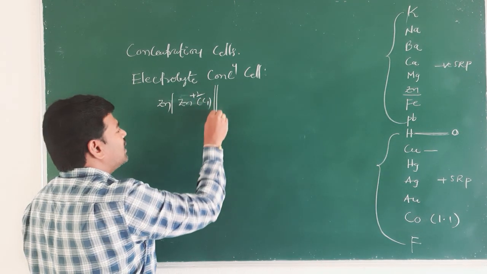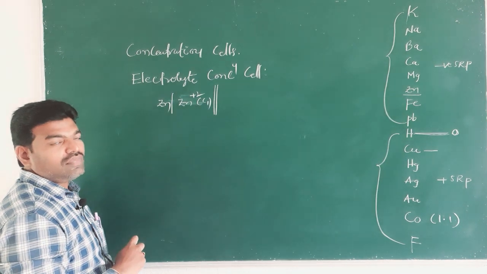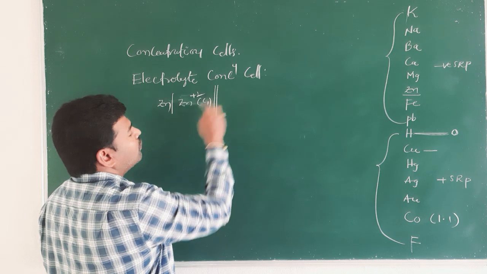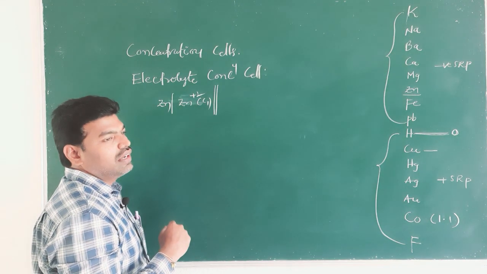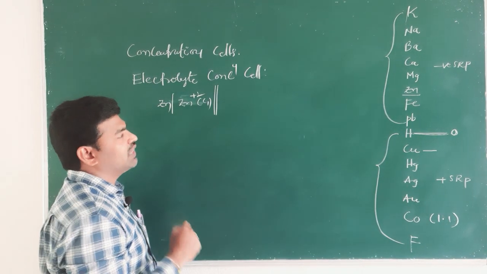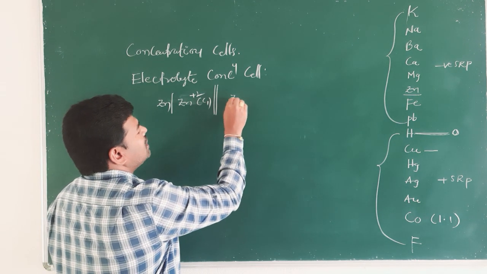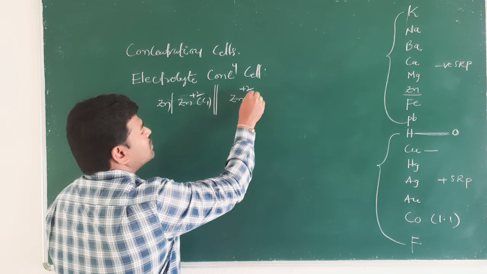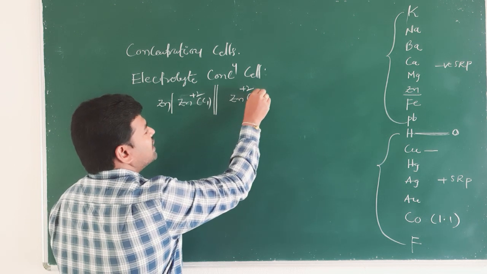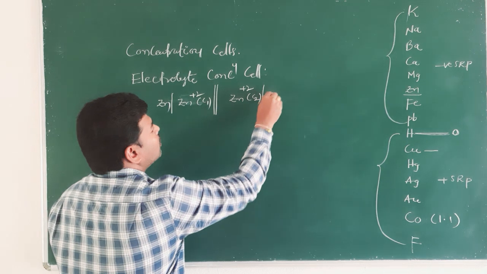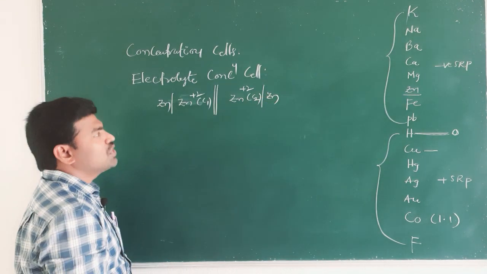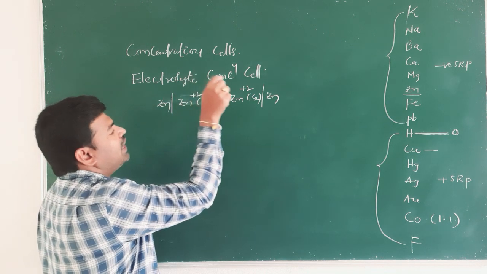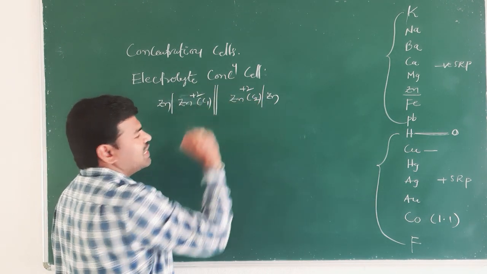And here, what reaction takes place at the cathode? Reduction, that is, zinc again undergoes reduction, that is, Zn+2 of concentration C2 undergoes reduction. So, the same electrode, zinc, undergoes oxidation here and reduction here.